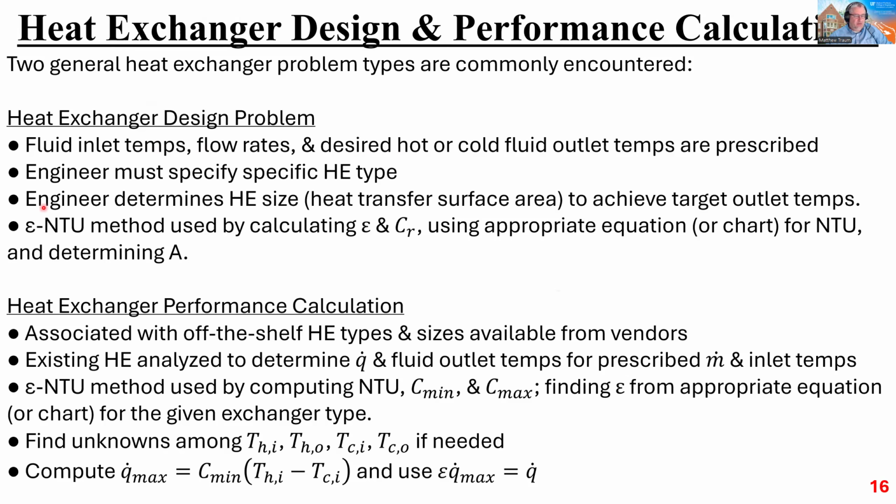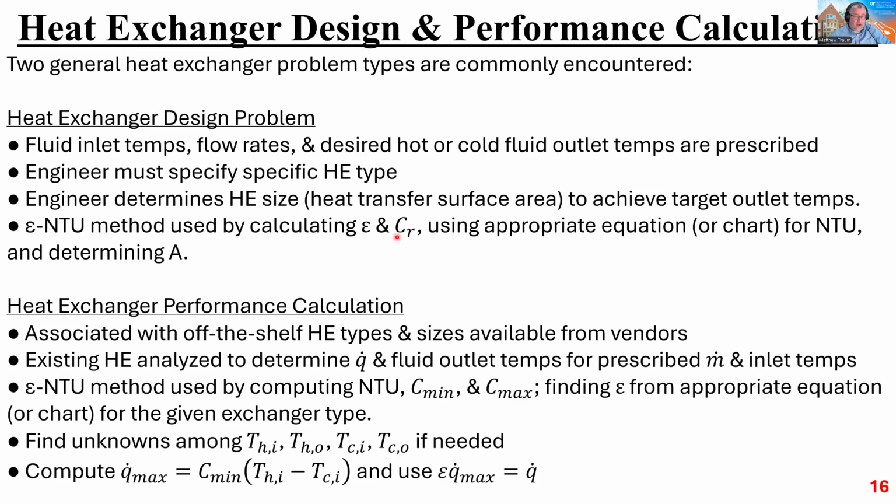So it's up to you to determine the heat exchanger size, which really, for these purposes, is the heat transfer surface area, right? So that A value inside the heat exchanger to achieve your target outlet temperatures. And in this case, you would apply the effectiveness-NTU method by calculating the effectiveness. So this is like needed effectiveness, right? Because you're looking for how much heat transfer is required to get these outlet conditions, and CR, which is from your fluid choice, right?